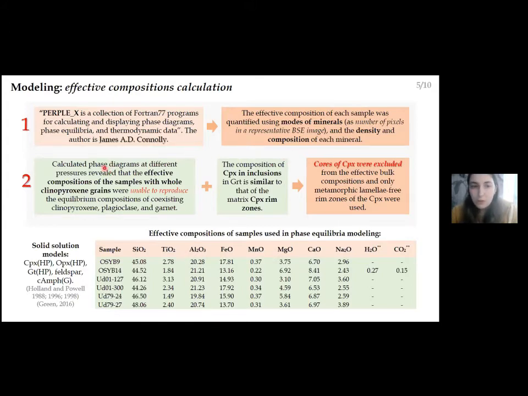Firstly, we tried to calculate phase diagrams using effective composition with whole clinopyroxene grains, but we couldn't reproduce the equilibrium composition of each major mineral. So we decided it was wrong to use whole clinopyroxene grains, because mineralogical data hints that clinopyroxene cores were probably isolated from the metamorphic process. So we excluded clinopyroxene cores from the effective composition.